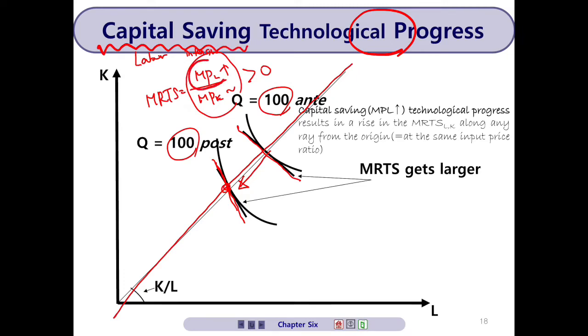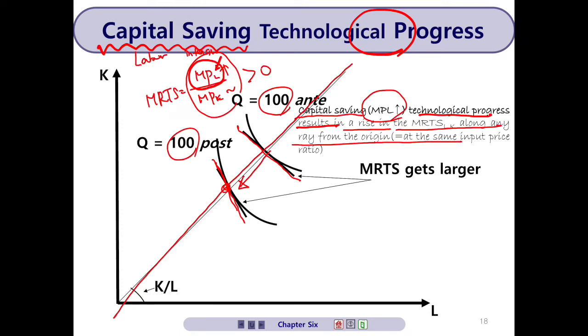Here, particularly, progress happened intensively on the marginal product of labor, right? So for capital saving technological progress, the background is an increase in MPL, resulting in a rise in MRTS along any ray from the origin, right?